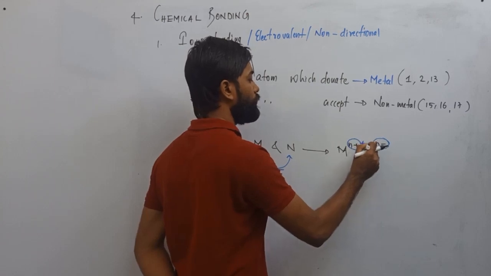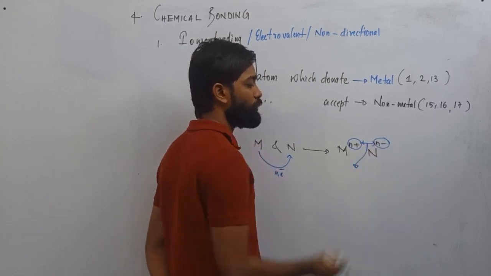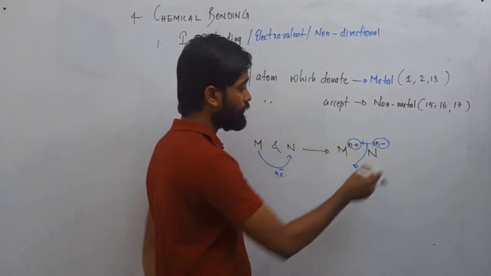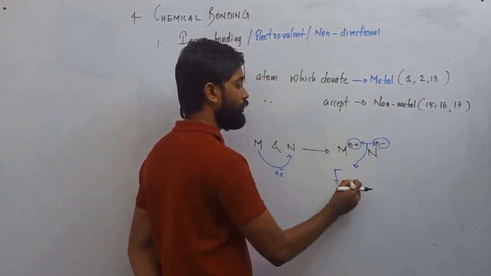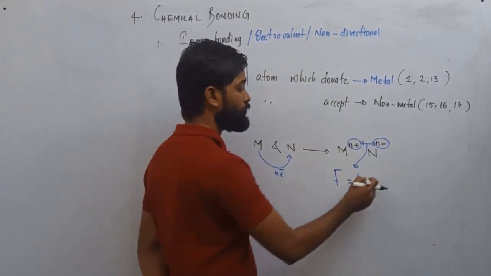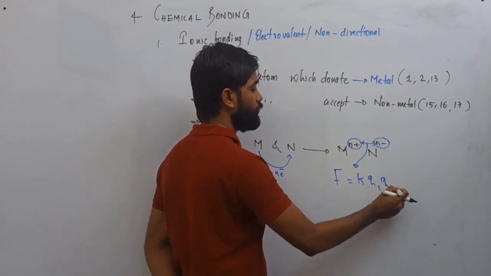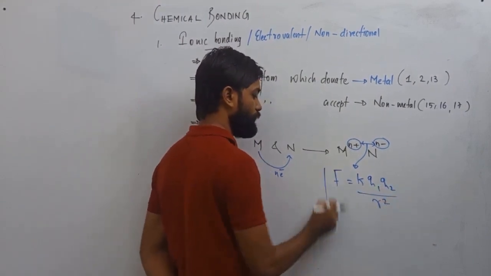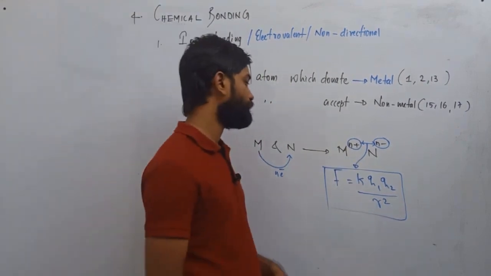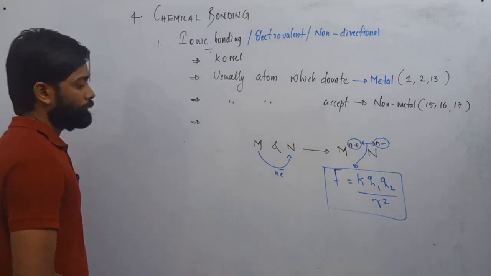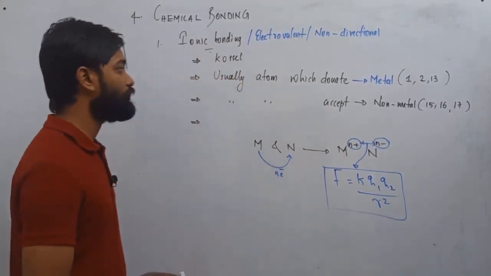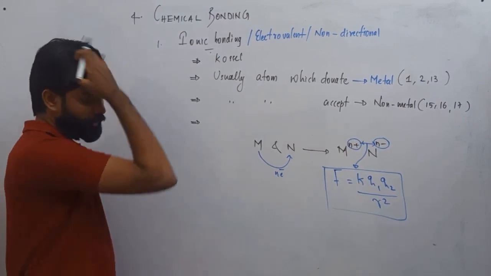The force of attraction between oppositely charged bodies at a particular distance is the electrostatic force of attraction, KQ1Q2 divided by R square. This is also called the Coulombic force of attraction. I think you are familiar with that from physics.